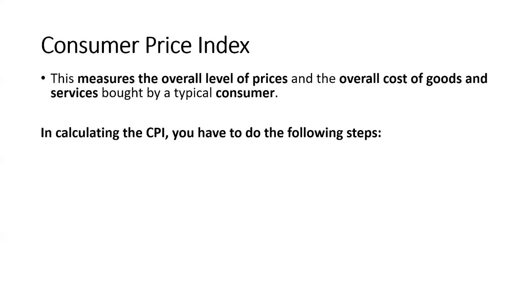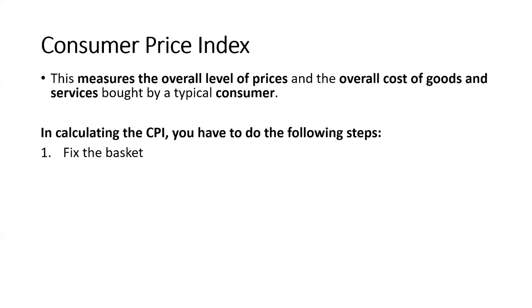So in calculating the CPI, you have to do the following steps. First, you have to fix the basket, considering the fixed quantity of goods and services that is usually found in a typical consumer basket. This basket includes the quantity for clothing, food, housing, and other things that the consumer usually consumes.